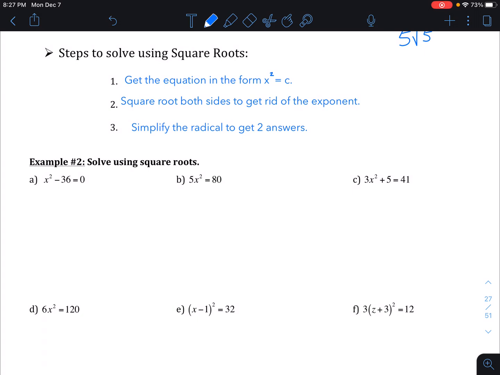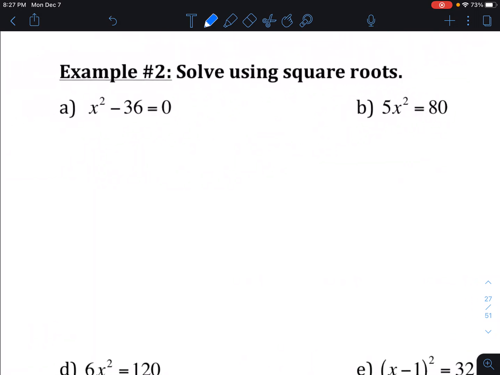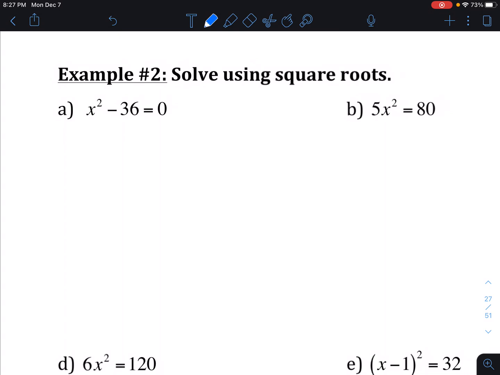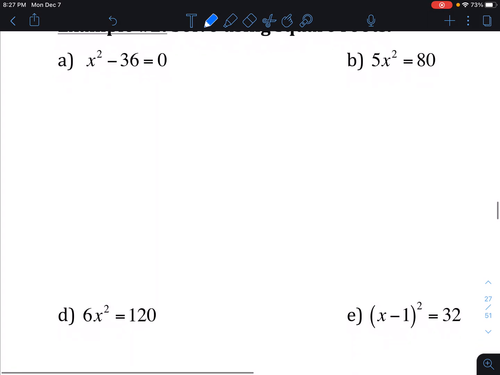So here are the steps. You want to pause this and write it down in your packet now. Okay. Now, in example A, I notice the first step: I need to get it in the form. We do not want it equal to 0.